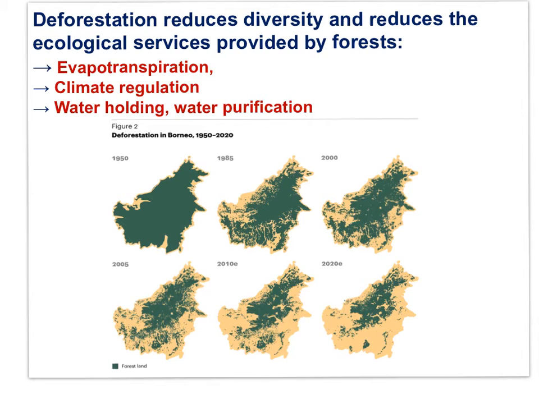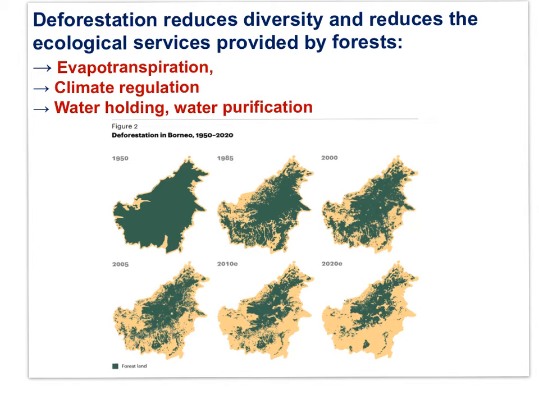Services include evapotranspiration, climate regulation by taking up carbon dioxide, water holding capacity of the soil, water purification as water infiltrates groundwater storages. Again, there's conflict between exploitation and sustainable development. Is reducing system services maintaining a sustainable system?